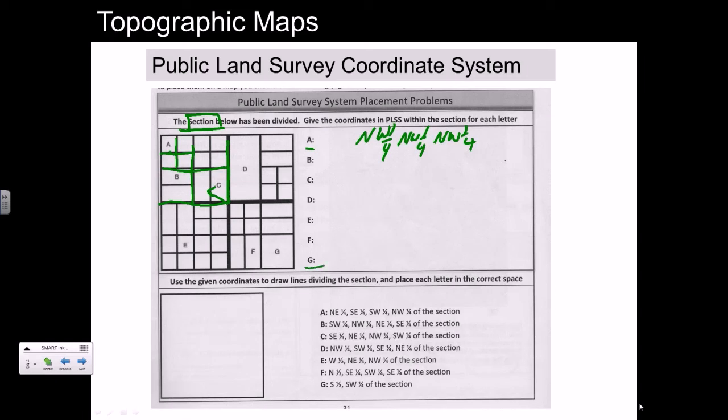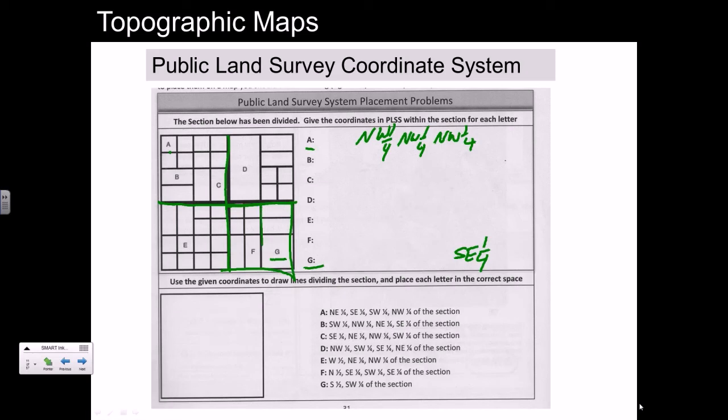Let's take something like G. Let's go down and do G, which is down here, right? So we know that G is, we're going to look at the big quarter first. Let's see. We're going to look at this larger area here first. It's in this box, which is the southeast quarter. Okay?